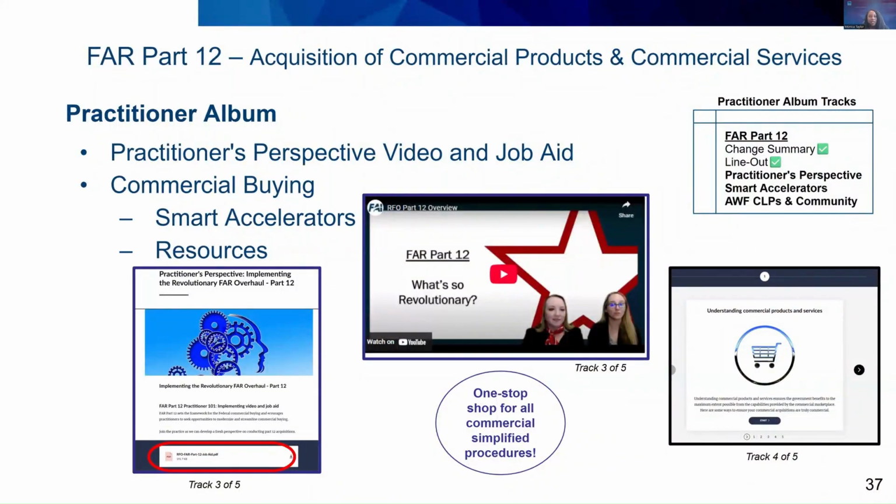In the smart accelerators, as you saw in the FAR Companion, you actually see an accelerator for understanding commercial products and services, sharing the why, the benefits, and how, encouraging best practices such as during market research, discussing early whether minor or major modification to a product will be needed to meet the government's needs. So we're encouraging that engagement and early interaction. And then the impact. It also provides a real use case from a federal agency.